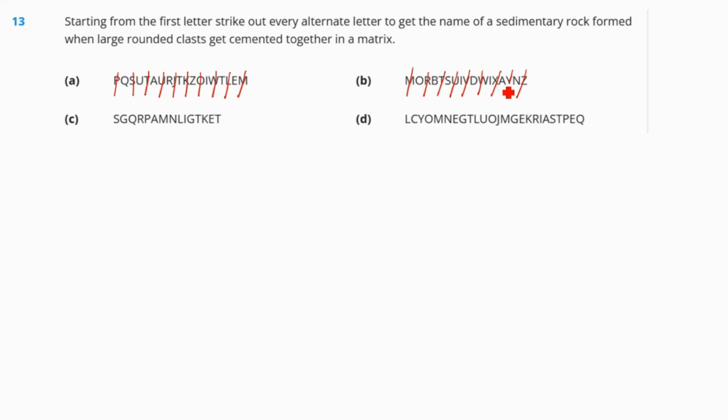This is obsidian. This is granite. And this is conglomerate. So our correct answer is option number D.